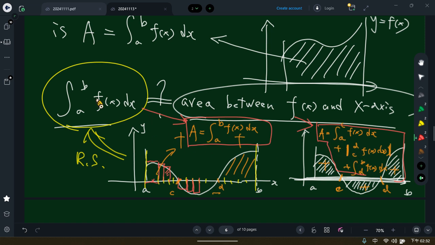If you just want to simply calculate its definite integral, you can just use it this way. Okay, so this is a very important idea, even though it's simple.